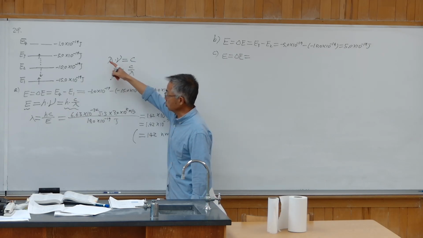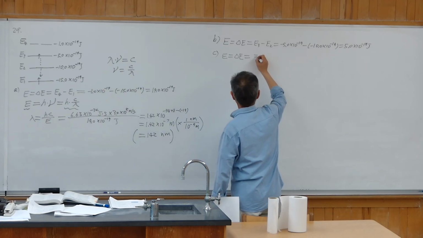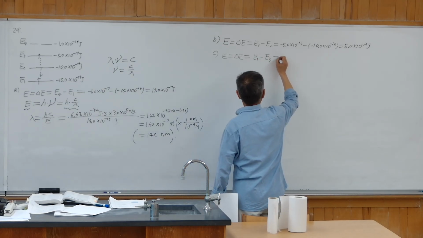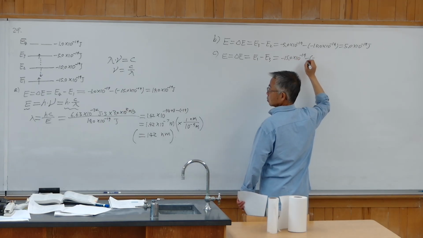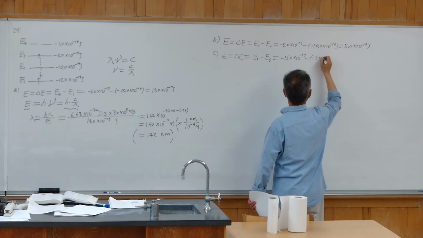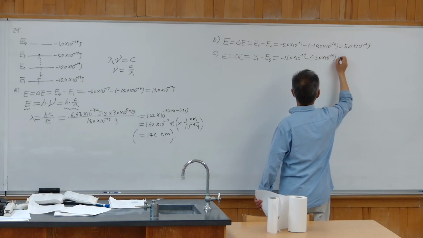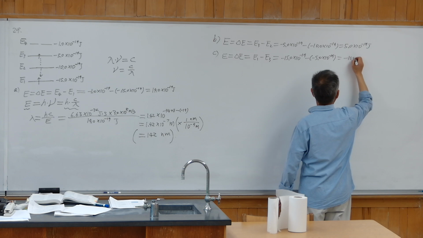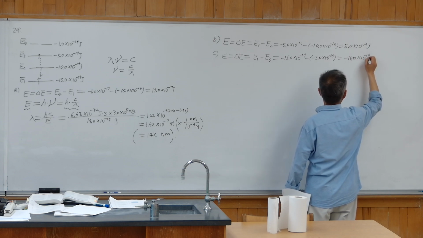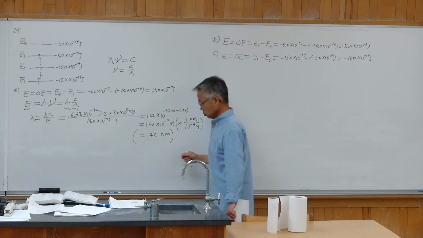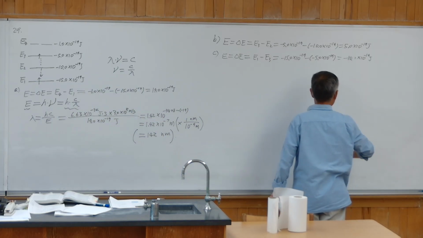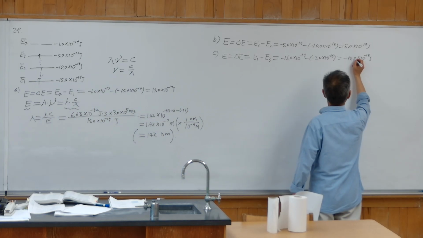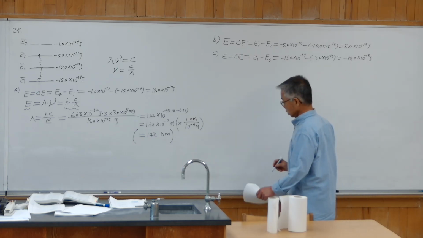E3 to E1, so E1 is the final, E3 is the initial. This gives negative 10 times 10 to the negative 19th power joule. Negative means release energy. So it releases 10 times 10 to the negative 19th power joule.